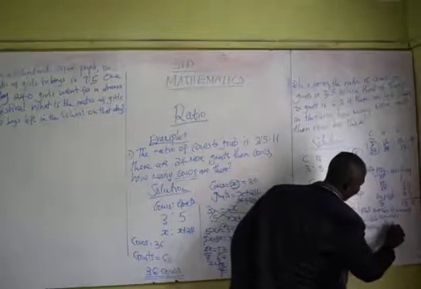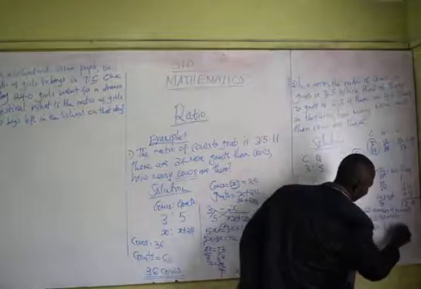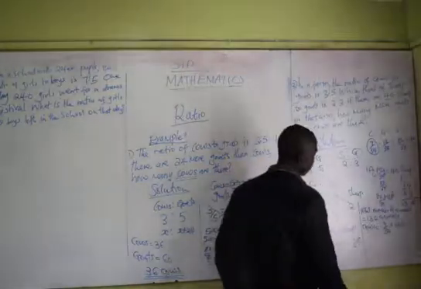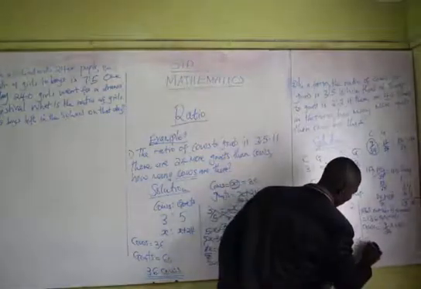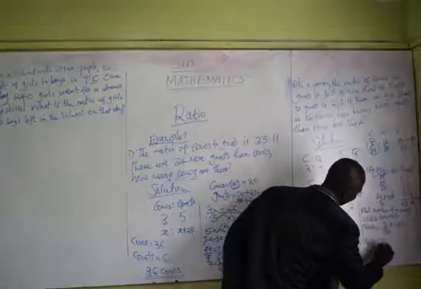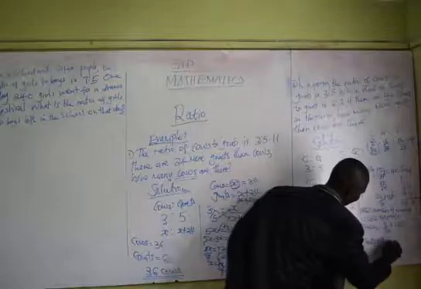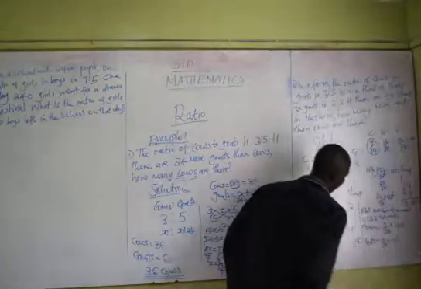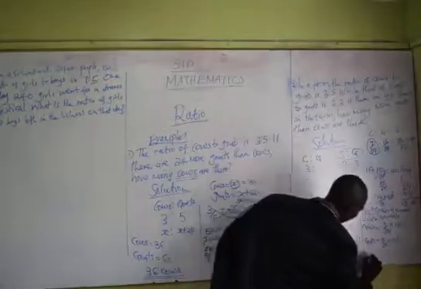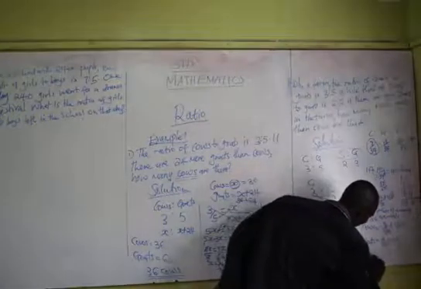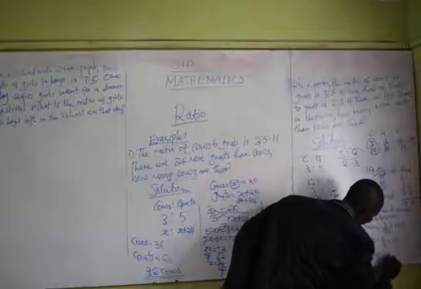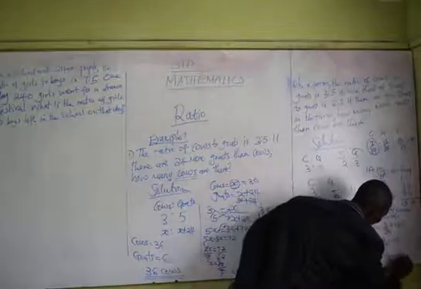We multiply by the total number of animals, 136. And then we have goats, that is 15, again out of the total ratio, 34, multiplied by the total number of animals, 136. Then lastly we have sheep, that is 10 out of the total ratio, again 34, multiplied by 136.